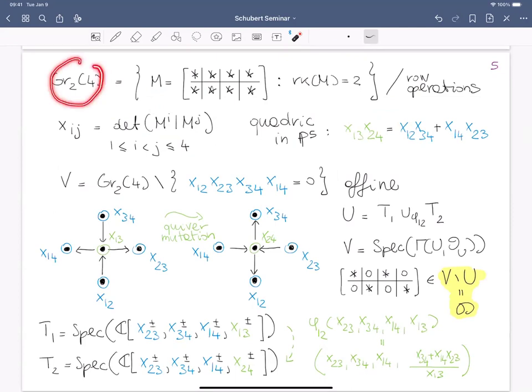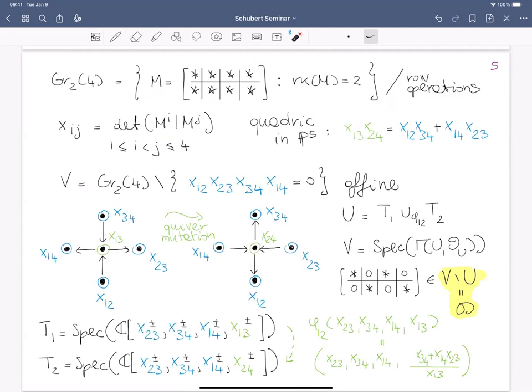I'm going to denote Gr(2,4) the Grassmannian of two planes in C^4. And we can think of this space as the space of full rank 2x4 matrices, and I'm denoting a generic such matrix like this, modulo row operations.